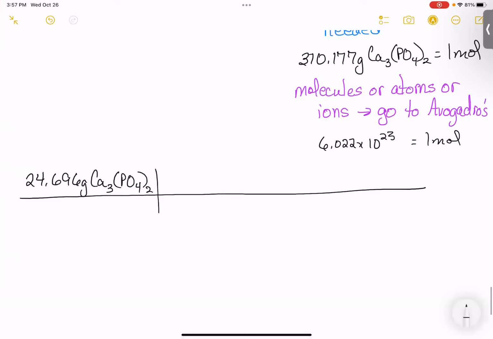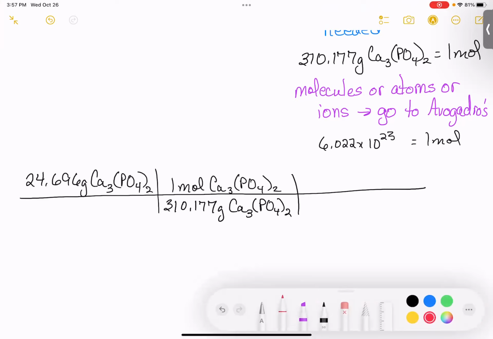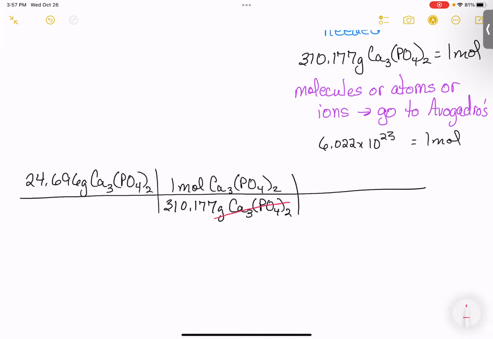I'm going to use my molar mass of 310.177 grams of calcium phosphate is 1 mole of calcium phosphate, because the grams and the substance have to cancel out.